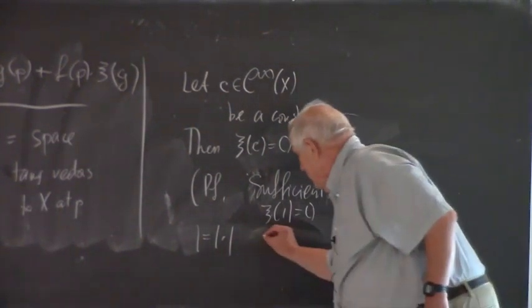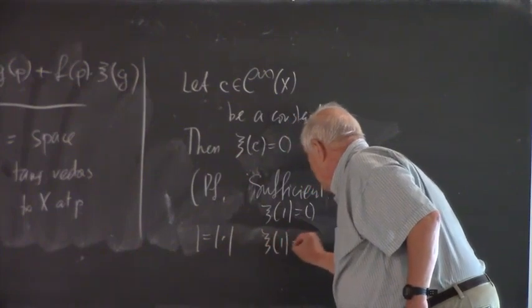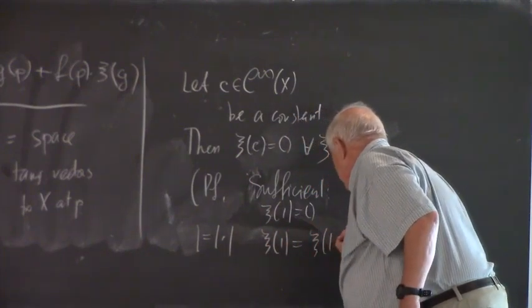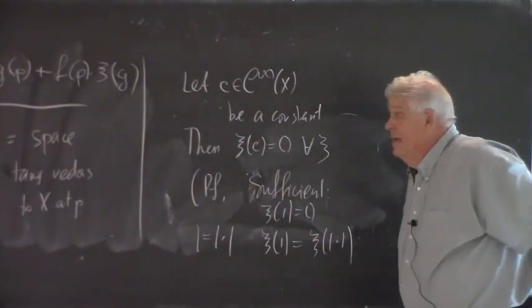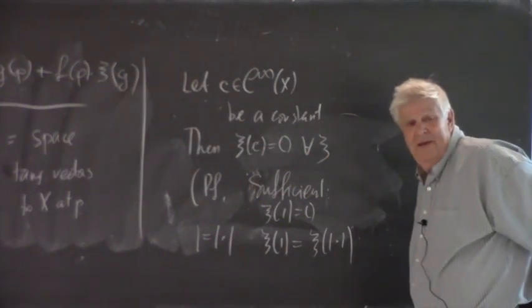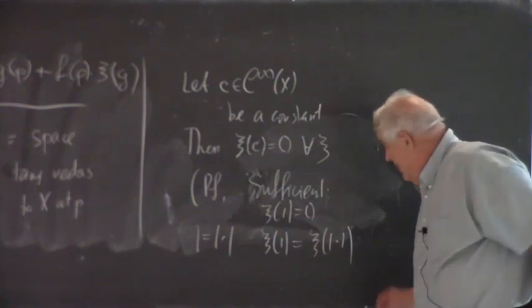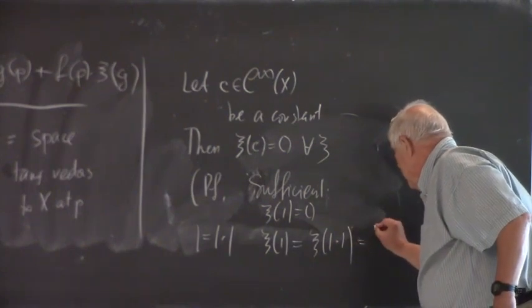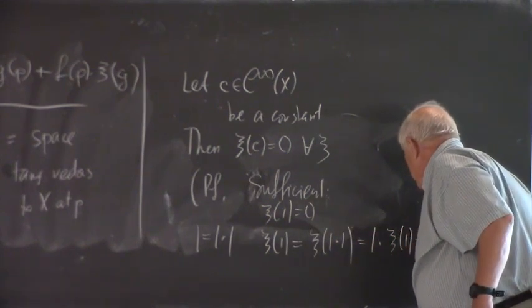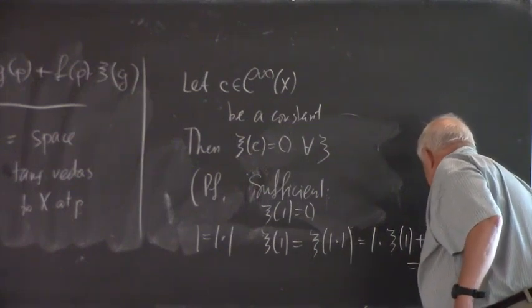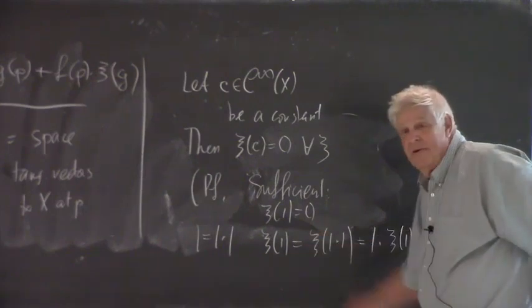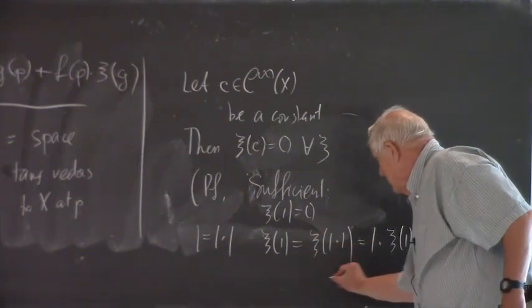By this reason, xi of 1 is equal to xi of 1 times 1. And according to that rule, 1 of p is 1, certainly. So this is just 1 times xi of 1 plus xi of 1 times 1, which is 2 xi of 1. So xi of 1 is equal to 2 xi of 1, which definitely implies that xi of 1 is 0.